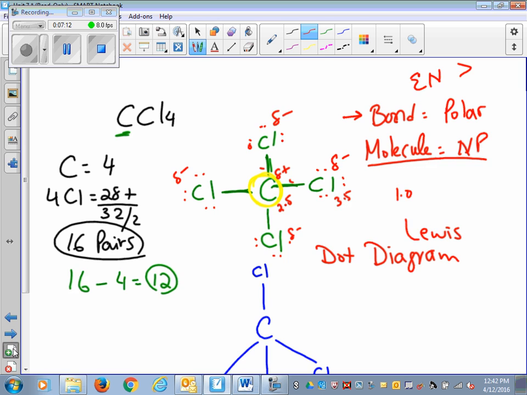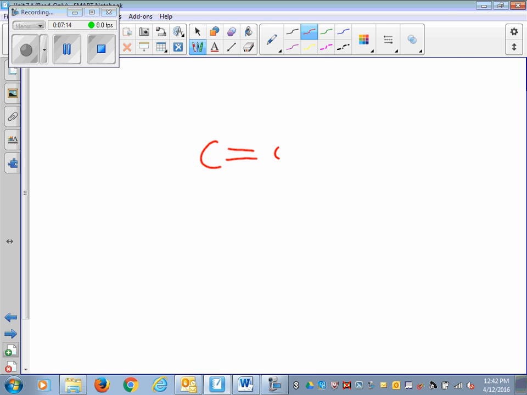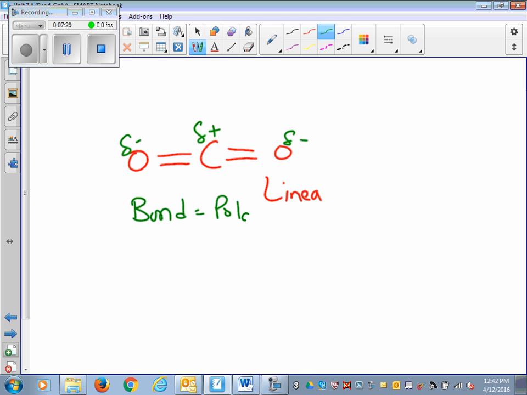Alright, let's do another example, CO2. This is a linear shape. The bond is polar because this is partial negative and this is partial positive. How do you know the bond is polar? You go to the electronegativity chart.